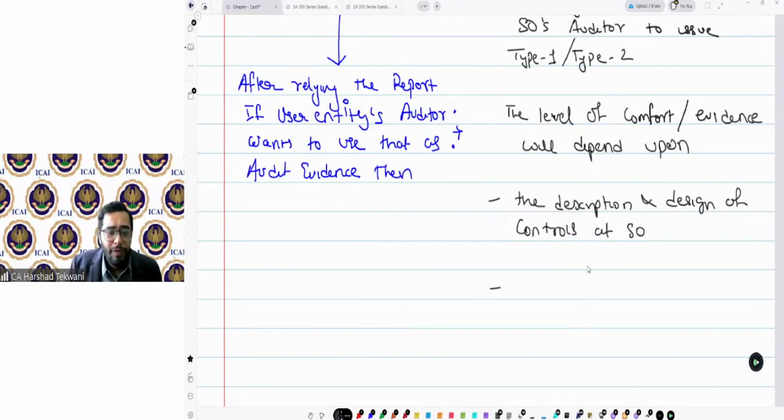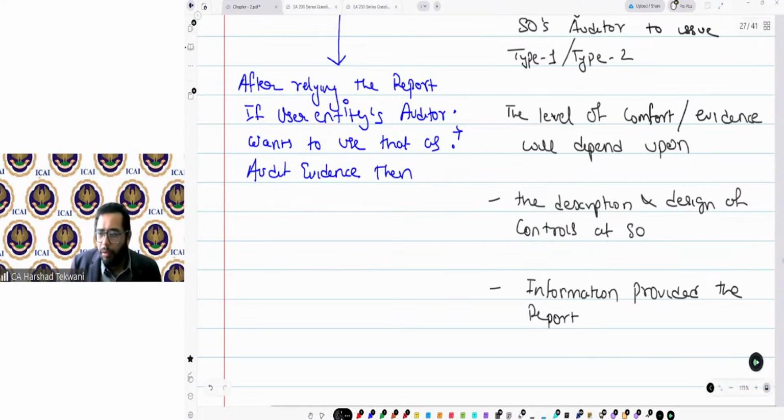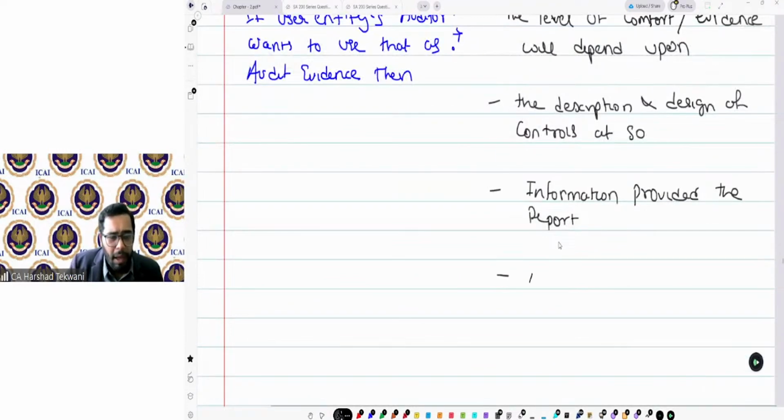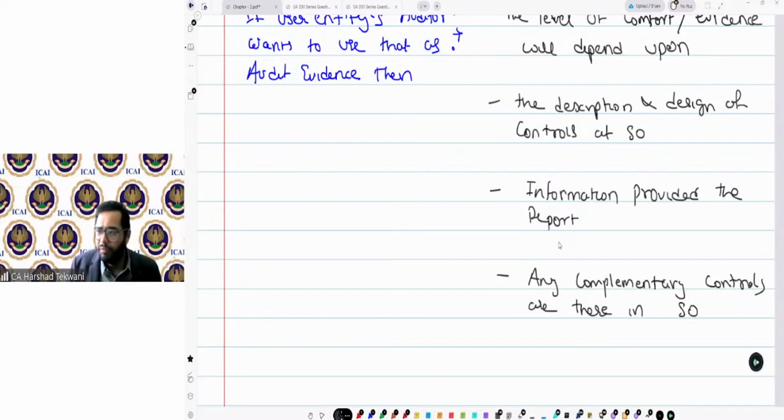So it is the information provided by the report, whether complementary controls are there, any complementary controls in the service organization.